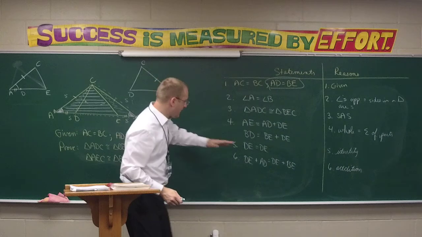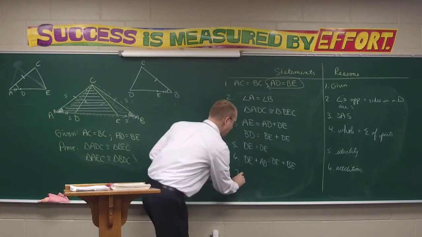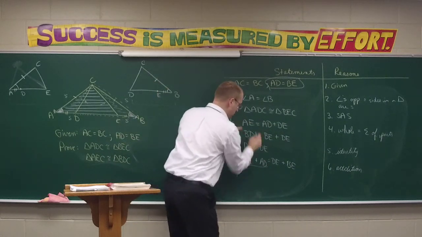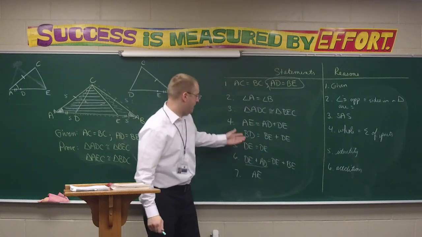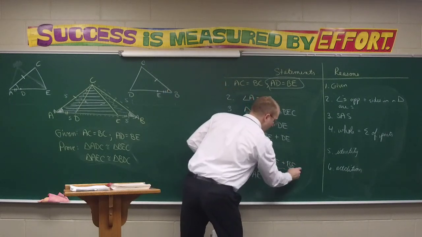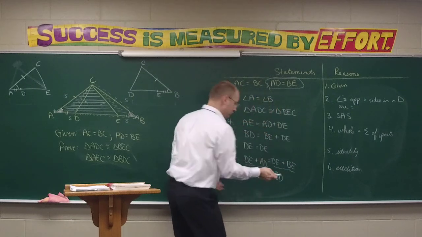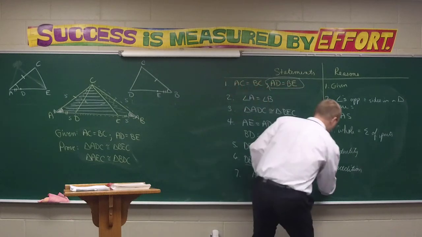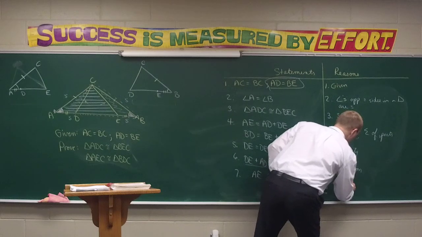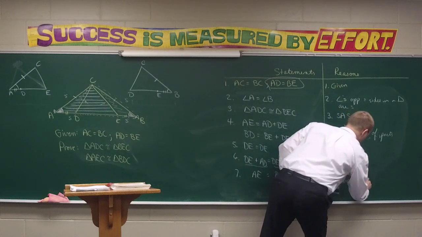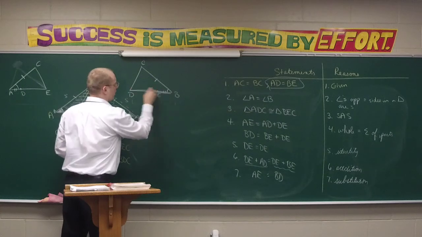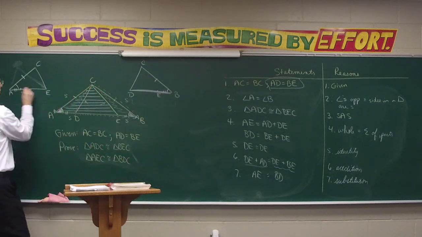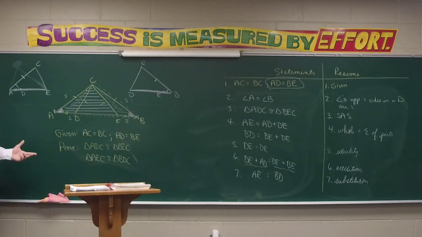And since AD and DE together make AE, in place of this I can substitute AE. And since BE and DE together make BD, I can substitute BD. And therefore, those are equal by substitution. And therefore, I do know that this whole side and this whole side are equal to each other.